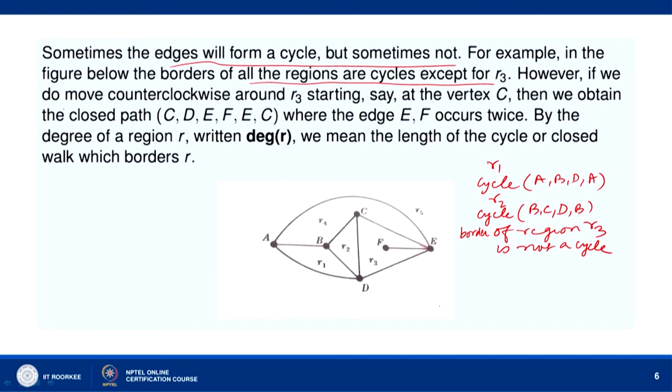Now, however, if we move counterclockwise around R3, starting at the vertex C, then we obtain the closed path C D E F C, where the edge EF occurs twice.